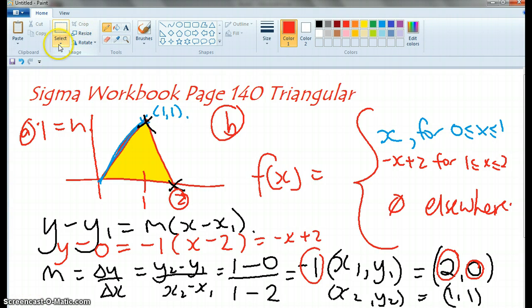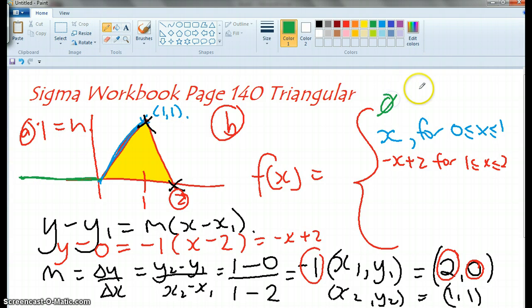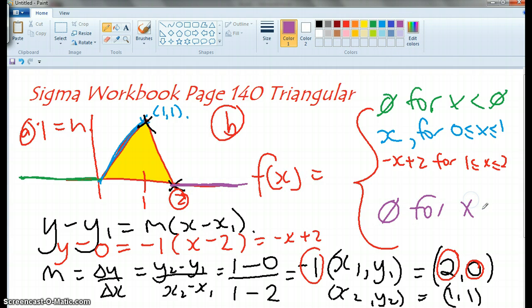So an alternative to the 0 elsewhere would be to have this area here, which is 0 for x less than 0, and then I could look at this area here, 0 for x greater than 2. So then I've kind of got it in order, but you could just have 0 elsewhere. Okay?